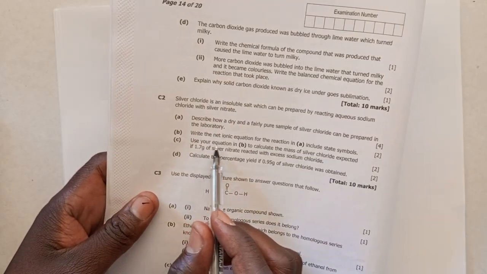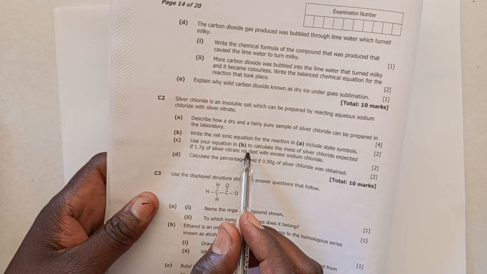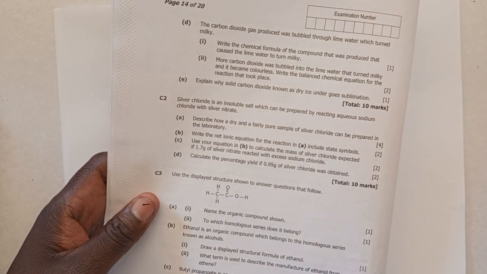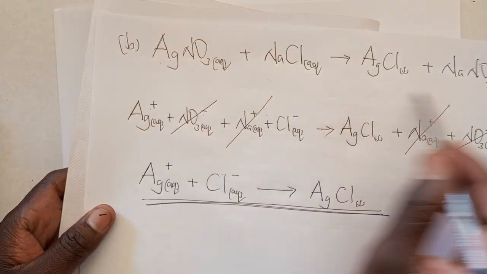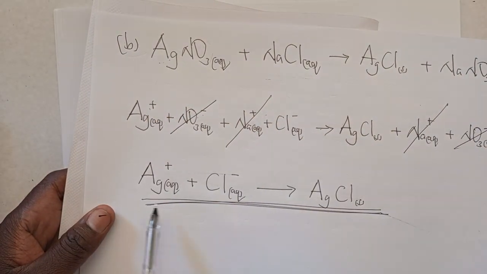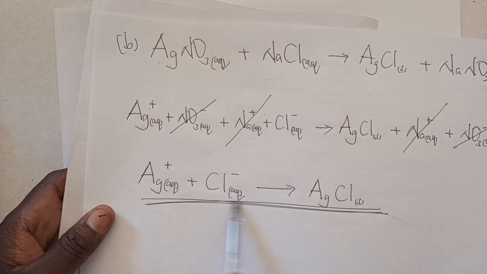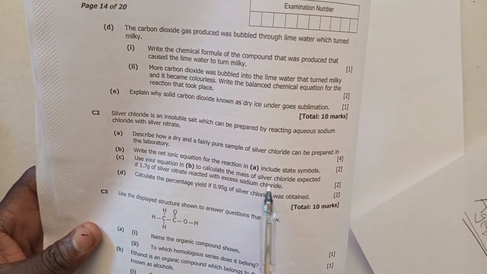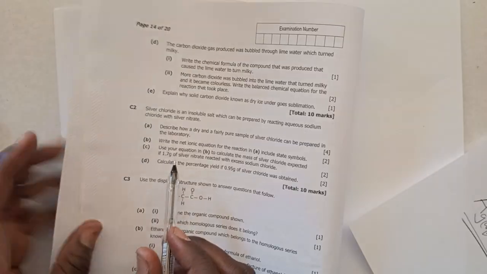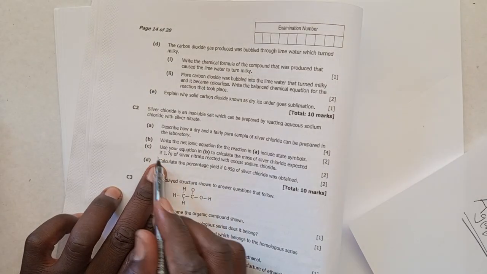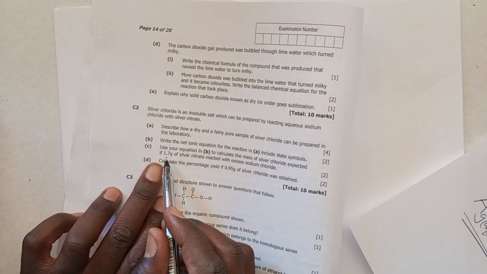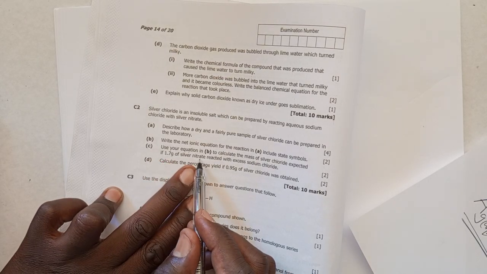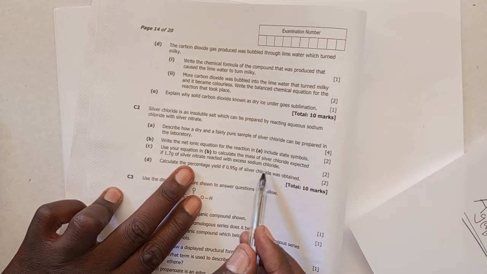What does the next question say? The next question says, C, use your equation in B. This equation from where we have derived the net ionic equation, we use that equation to calculate the mass of silver chloride expected if 1.7 grams of silver nitrate reacted with excess sodium chloride.